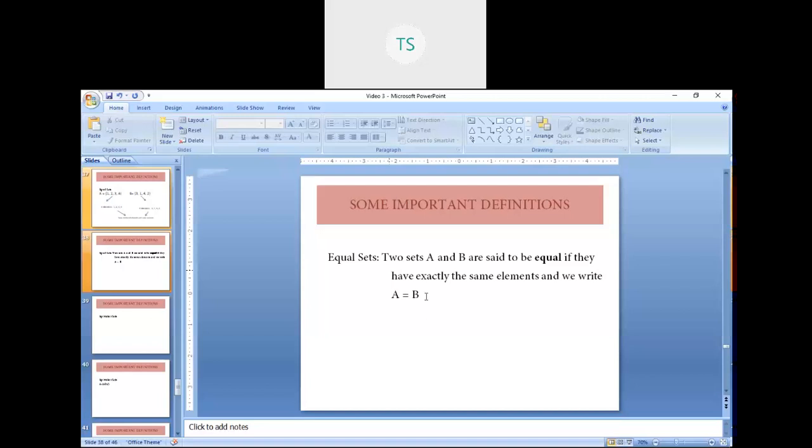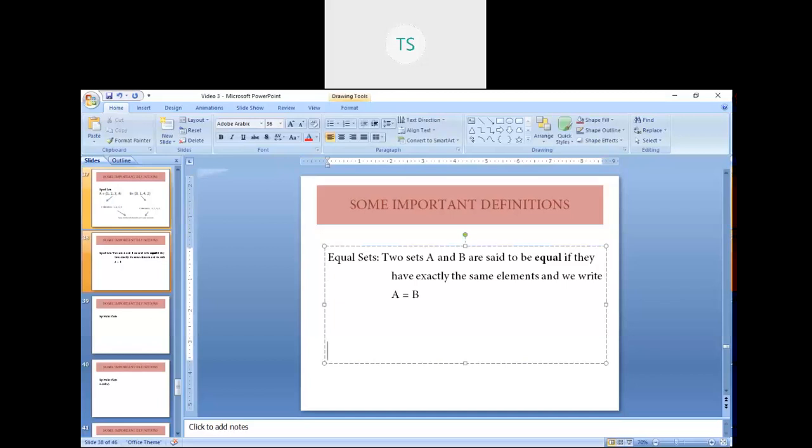For example, suppose you have a set A whose elements are 1, 2, 3. So set A has 3 elements.